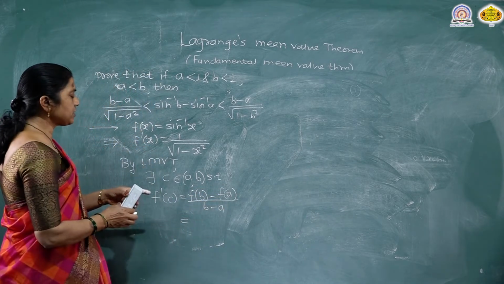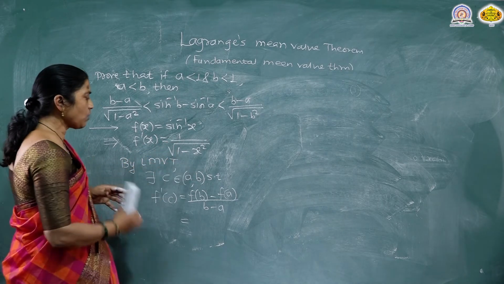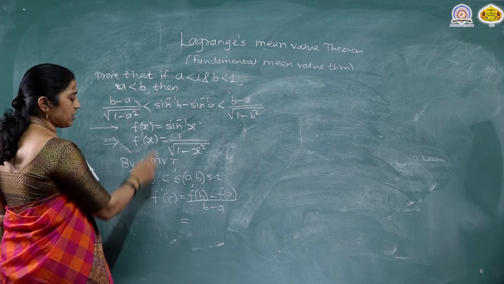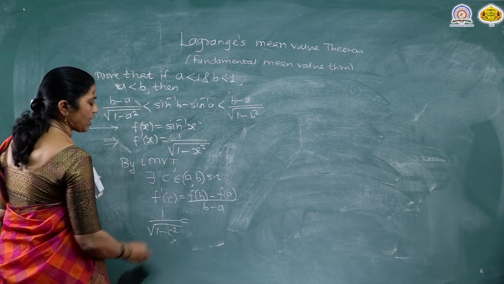But what is f'(c)? We know f'(x) is 1 upon root of (1 minus x square). So, replace x by c. What is f'(c)? It is 1 upon root of (1 minus c square).